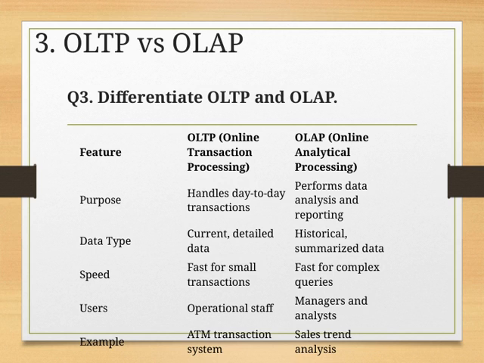On the other hand, OLAP, or Online Analytical Processing, focuses on data analysis and reporting. This is the kind of system used by managers and analysts when they want to look at sales trends over time, perform complex queries, or generate summaries. The data stored in OLAP systems is usually historical and summarized, which makes it ideal for spotting patterns and making strategic decisions.